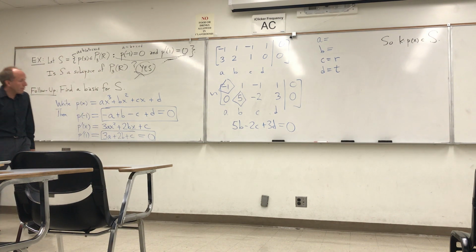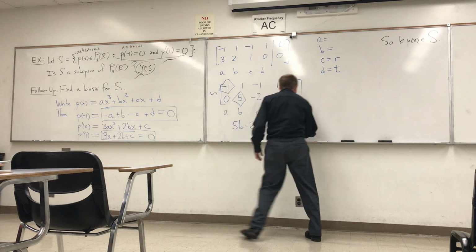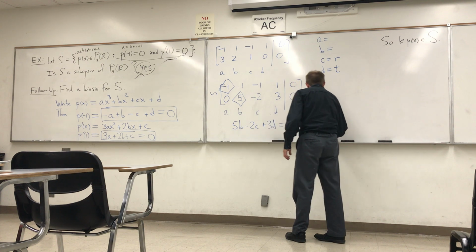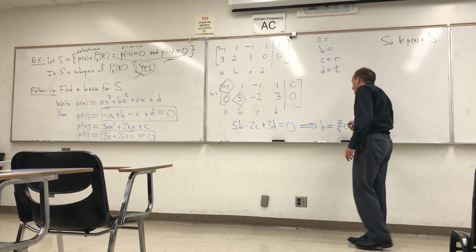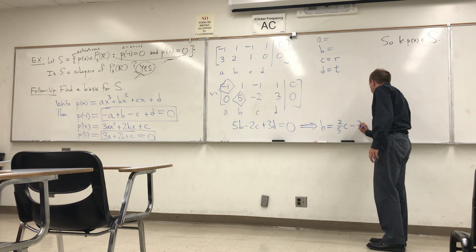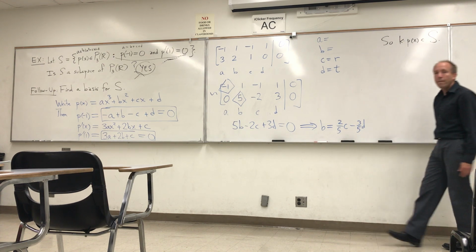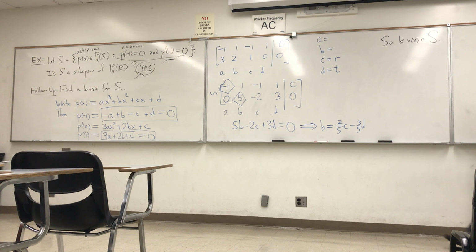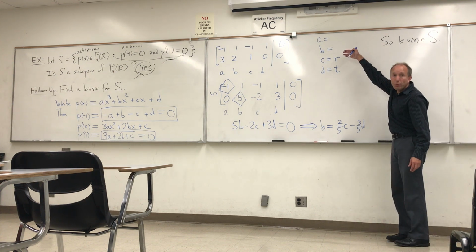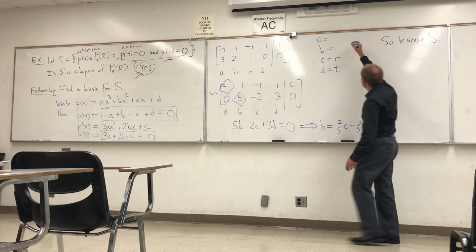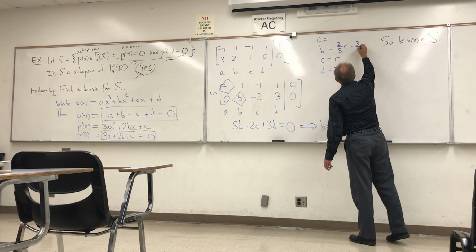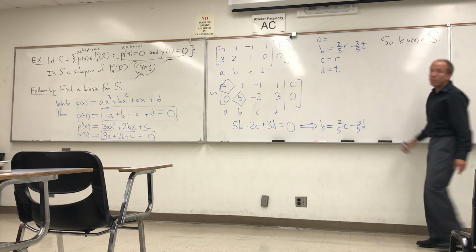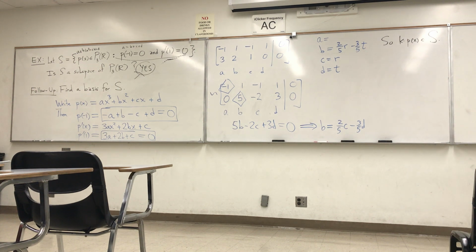If you solve that for b, you're going to get 2/5 of c minus 3/5 of d. Because c and d have been relabeled with r and t, this becomes 2/5 of r minus 3/5 of t. That would be the b equation. So we put that for b.